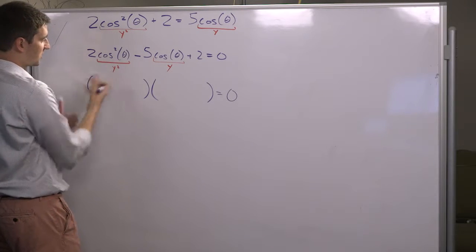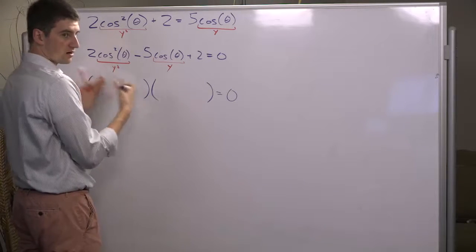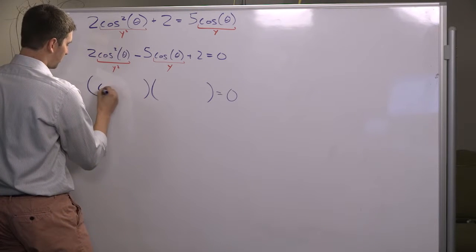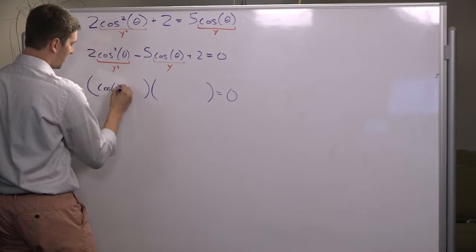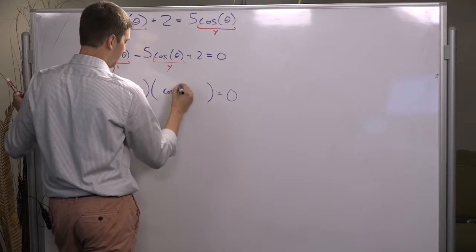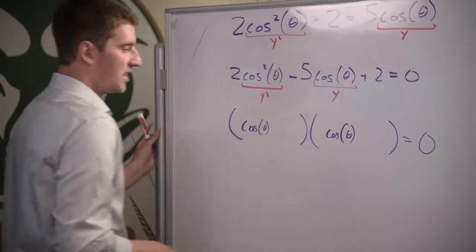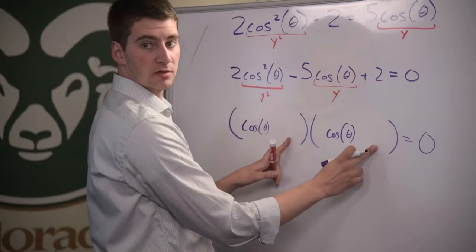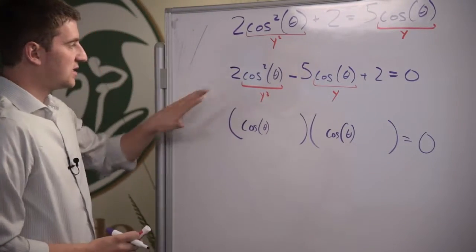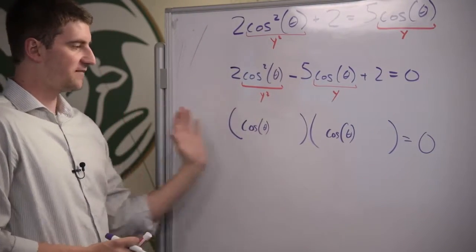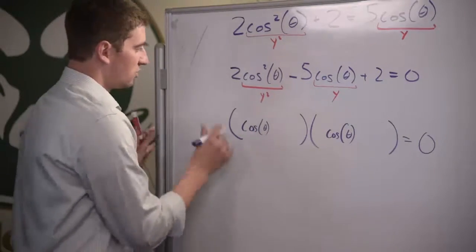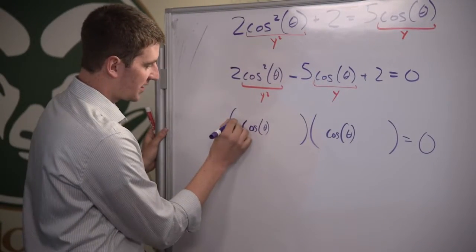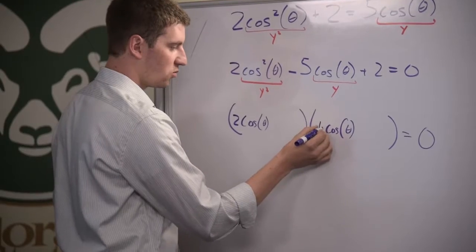Since cosine is taking the place of our variable, we're going to have a cosine of theta on both sides. And now we have to figure out what the constants are. Since this is a 2, if this is going to factor with just integers, 2 doesn't break down anymore, so it has to be a 2 and a 1.